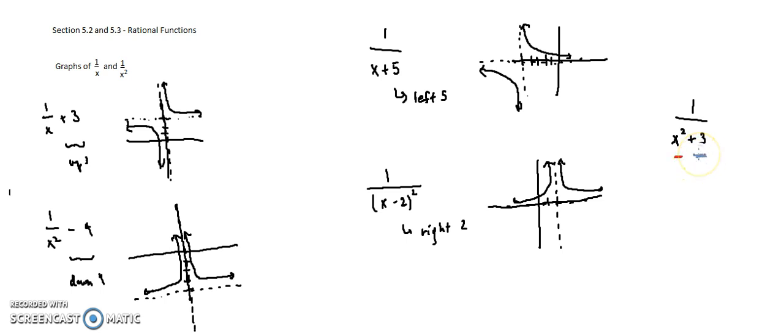This plus 3 doesn't match what we've been doing. To be inside the function, it's got to be inside the fraction and inside the square. So this plus 3 is not a simple shift. We're going to have to do something else with this function. What we do with other functions that aren't exactly 1 over x and 1 over x squared, we're going to see in the next video.